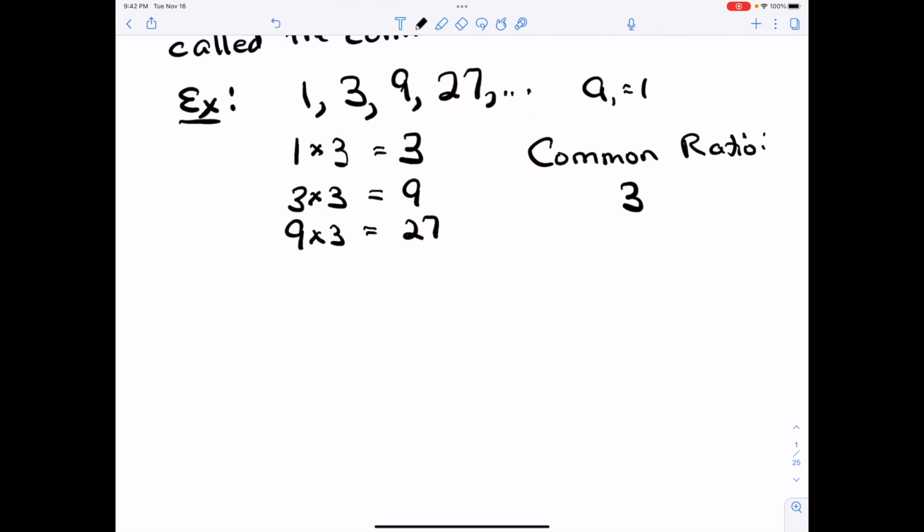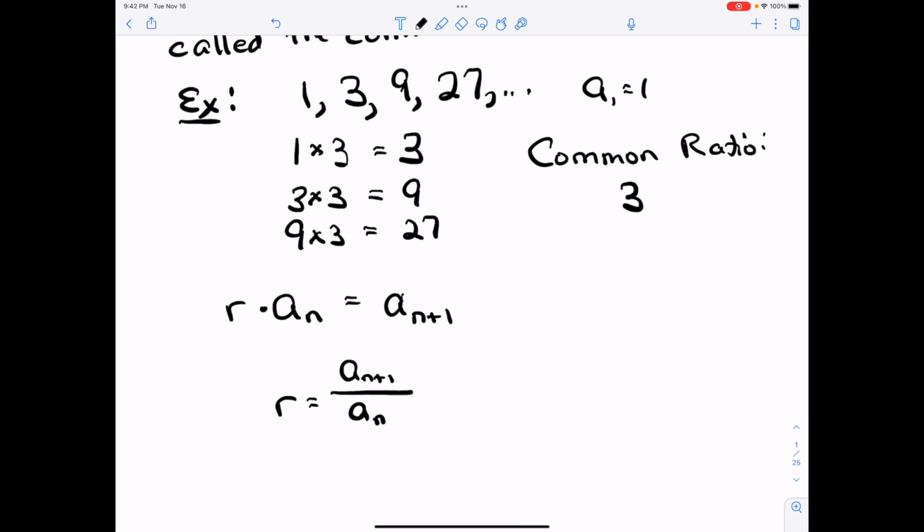Now, if you want to think about this in more generic terms, you can take whatever a sub n is, some term in the sequence, times that common ratio, and that'll give you the next term, a sub n plus 1. Or you can rearrange things and say that the common ratio is a sub n plus 1 over a sub n.